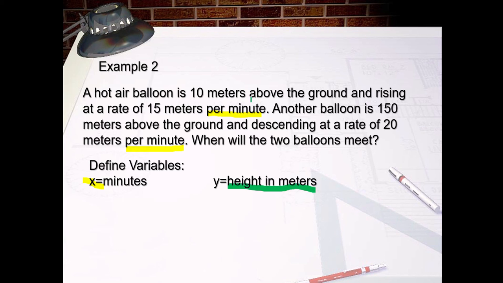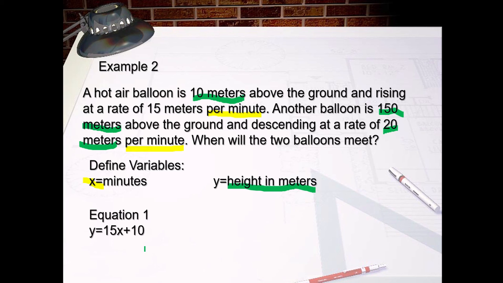It says what is the height? 10 meters or 150 meters. These are heights. 20 meters, these are heights. I have two variables in this problem. It is always the first step: defining variables.